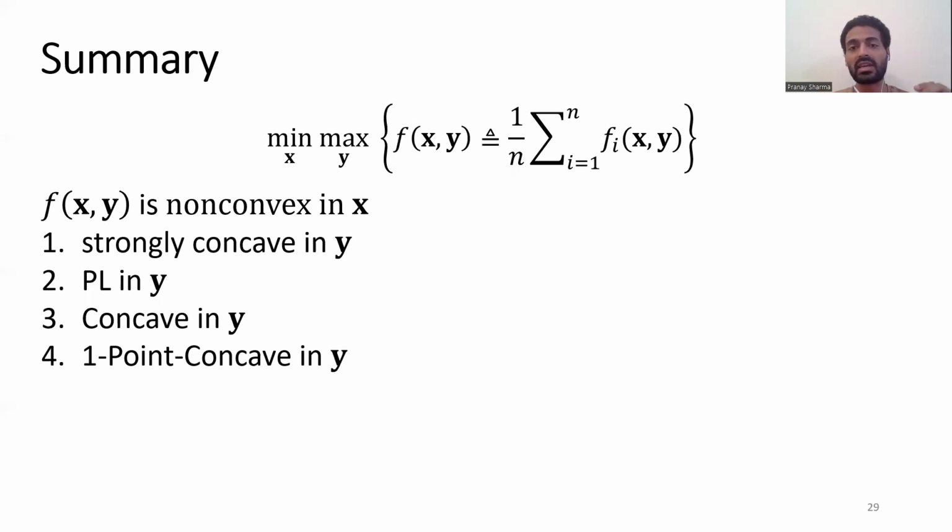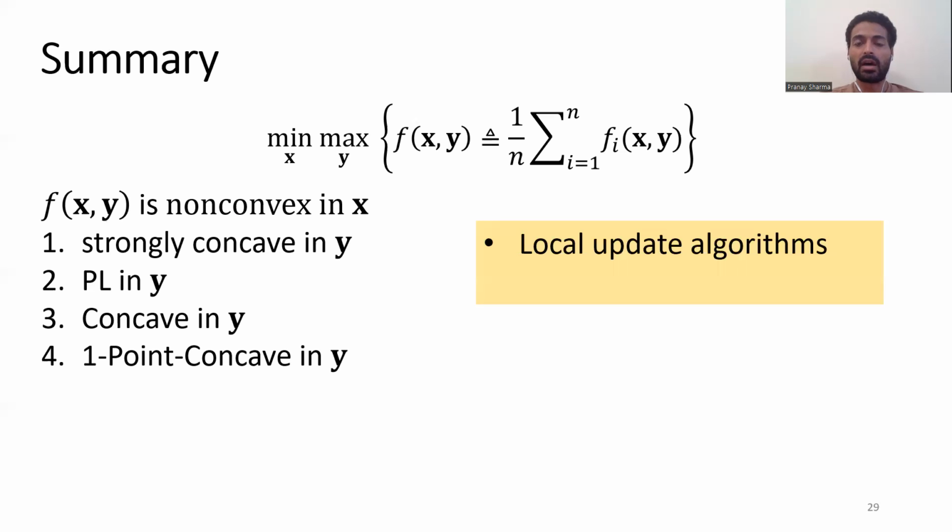So as you go down the list, the class of functions becomes more and more general. In this presentation, we only talked about strongly concave and concave settings, but we have considered all these 4 classes of functions. Our algorithms are local updates based. All our algorithms work with a constant order 1 batch size.